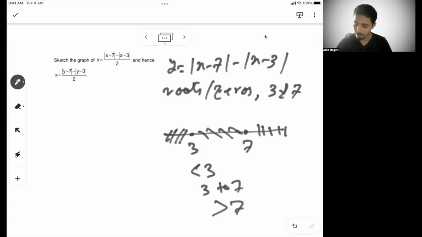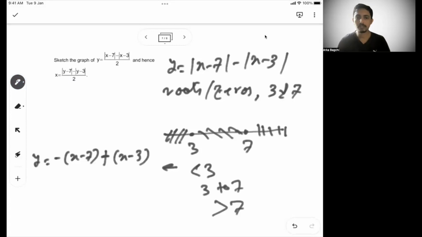So how will the graph behave? With x less than 3, y equal to minus of x minus 7 minus of minus of x minus 3, so this will become plus. Basically both of them will be negative for x less than 3. So this is minus x plus 7, by 2, plus x minus 3.